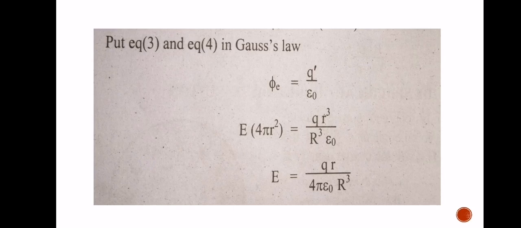Phi is equal to q prime over epsilon naught, so E into 4 pi r square is equal to Q into r cube over capital R cube epsilon naught. The resultant equation of the electric field intensity inside a sphere due to spherical charge distribution is E is equal to Q r over 4 pi epsilon naught into capital R cube.